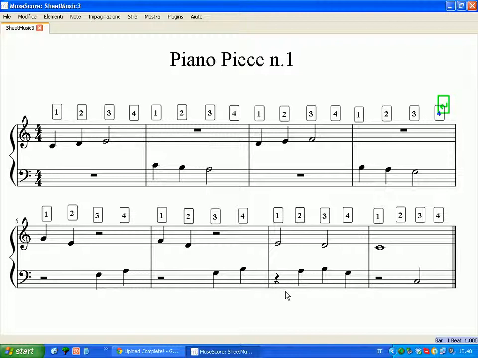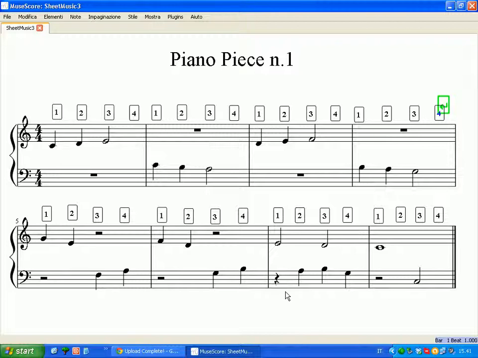So the seventh bar will be something like this. Ta ta ta.